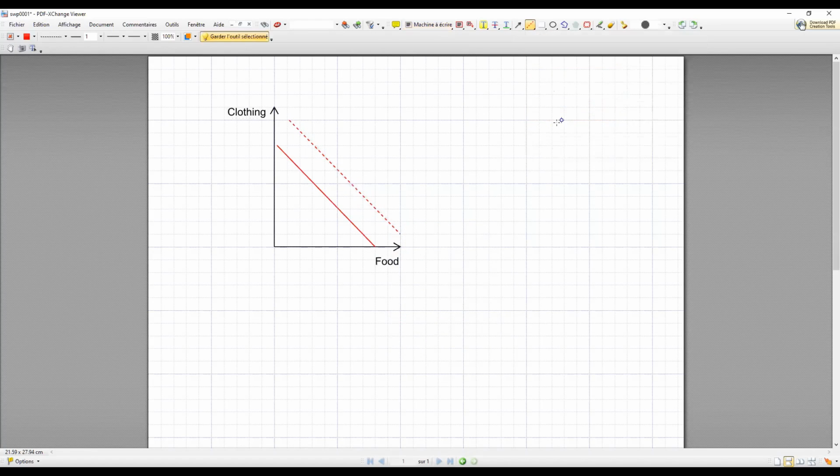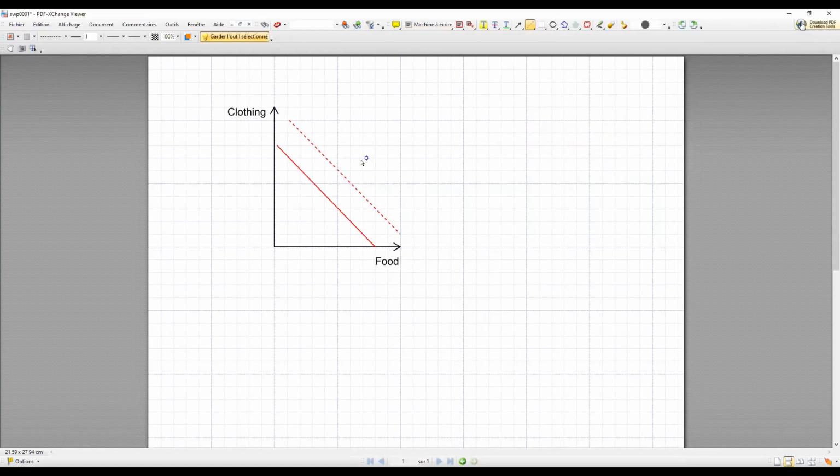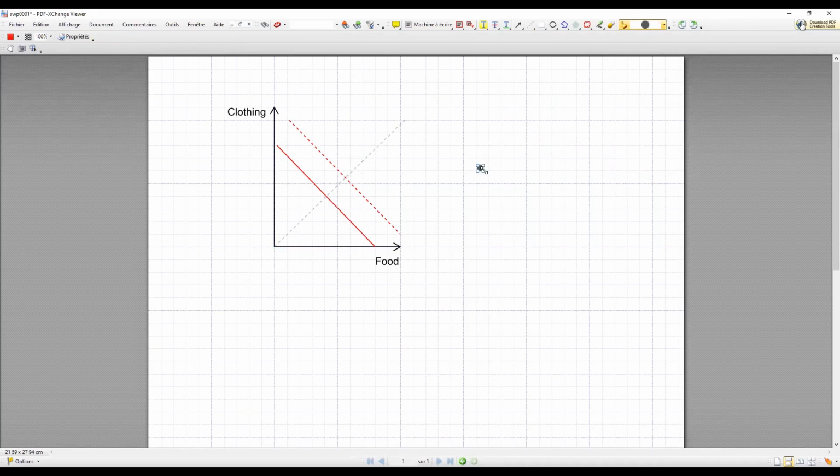Let's add this. And here I'm going to put this line there. Or let's even put it at 45 degrees, so it's very clear. I was consuming here. Now, if after my income changed I was consuming exactly there, what does that mean?